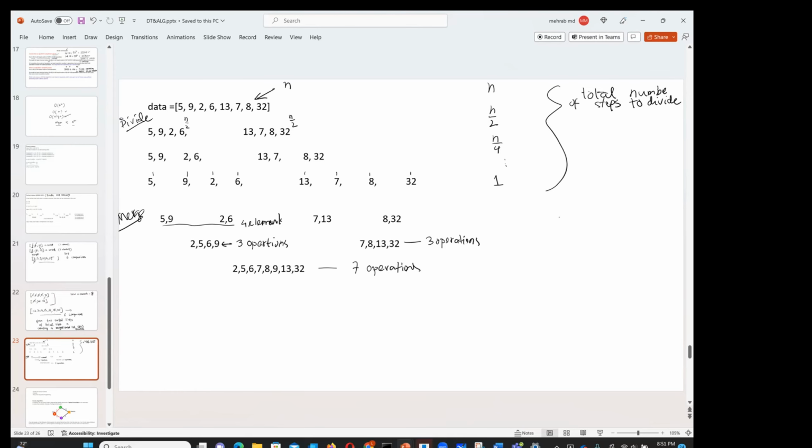Can someone tell me? From an N size list, I went down to a 1 size list. Every time I divided the list in half. So how many times do I have to divide? This is 1 division step, this is another division step, this is another division step. How many division steps do I need to get to a list of size 1?